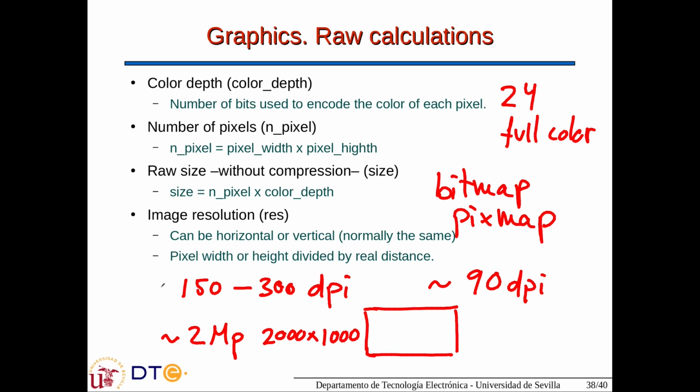So if your camera or your mobile phone camera can make images of 10 megapixels, you must know that you are missing most of the pixels in your image. So if you include one image in a document, like a presentation like this, you don't need a 10 megapixel image. A 2 megapixel image will be more than enough. So you can lower the resolution and make your file size smaller.